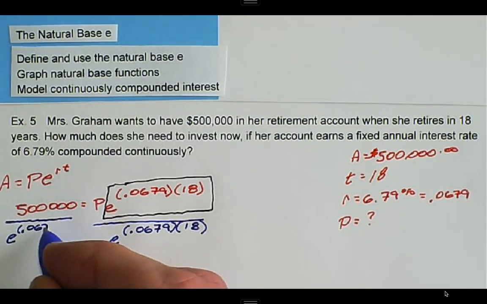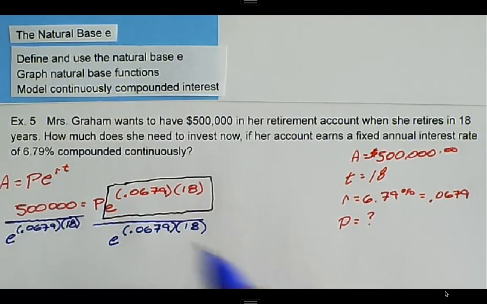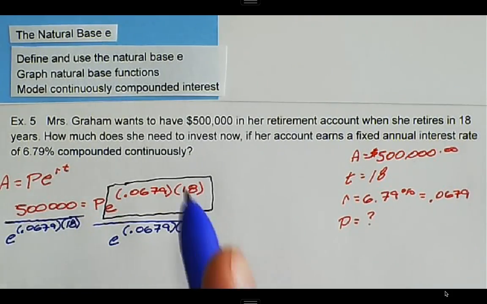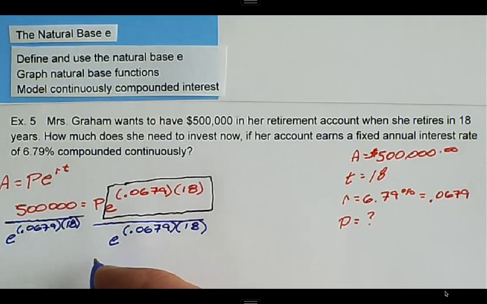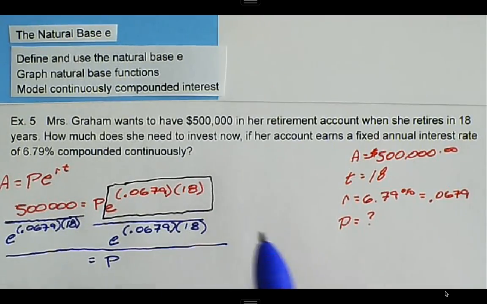I can substitute all this into my calculator and get a value. When we get done, we'll know that P is equal to something.